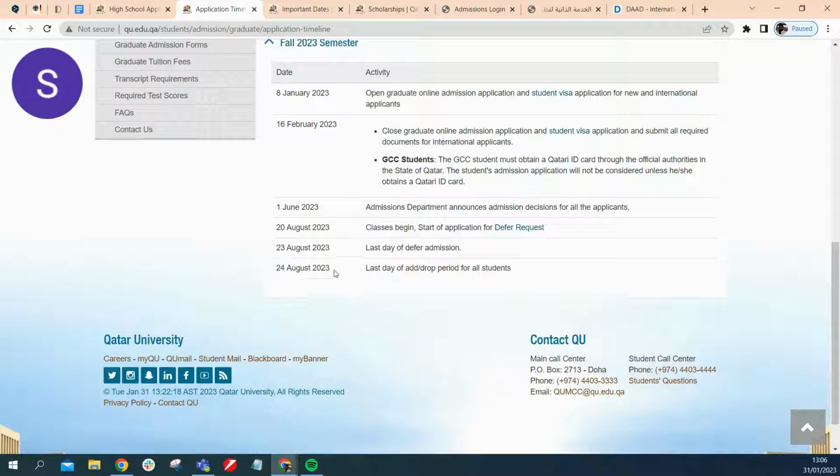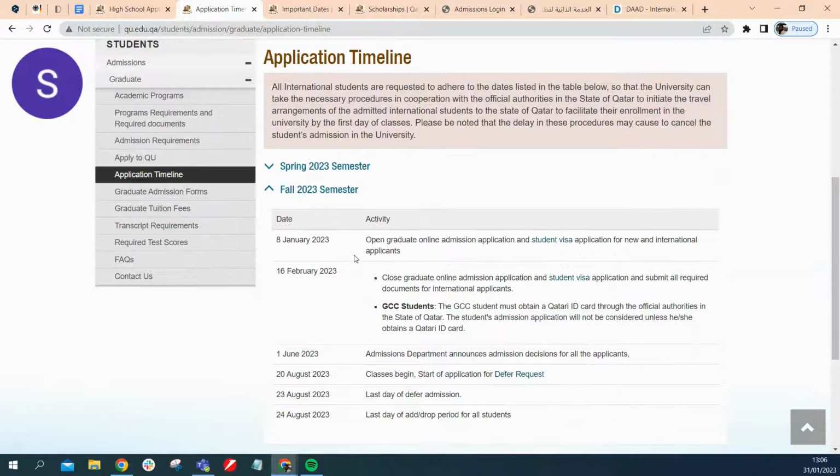So on this day is when they make the final decision about who is dropping off or who should be added to the program. So please do well to also have these dates marked in your calendar. This is going to be very helpful for you to make this process very smooth.